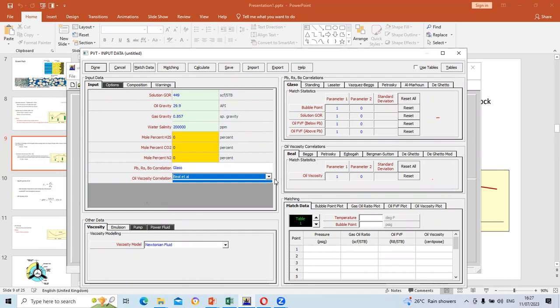The problem now is some of these correlations work best in particular conditions. For example, they may tell you that Glaso is more effective for gas oil ratio between 100 standard cubic feet per stock tank barrel.